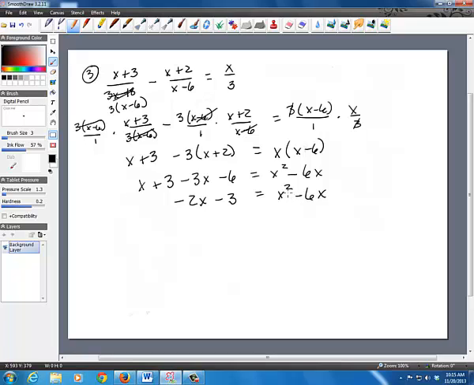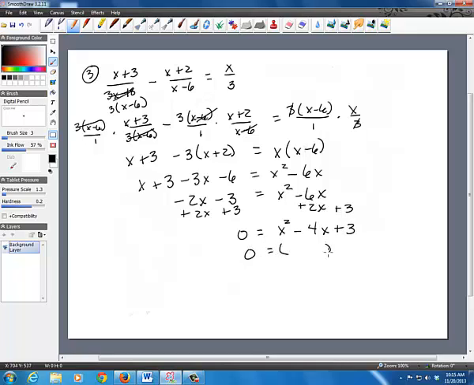This is a quadratic, which means everything has to come to one side. So I'm going to add 2x to both sides, and I'm going to add 3 to both sides. So 0 equals x squared minus 4x plus 3.